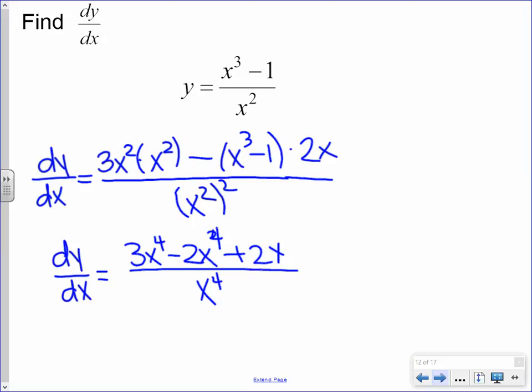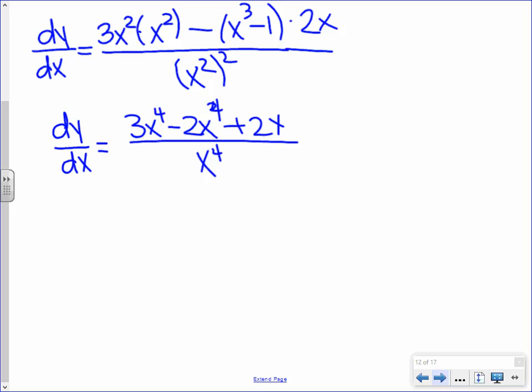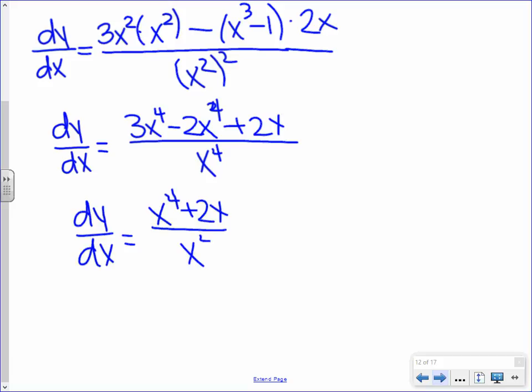Do you agree? Which we could then in turn simplify to x to the 4th plus 2x over x to the 4th. That's what we started with. I know, it's the same format.